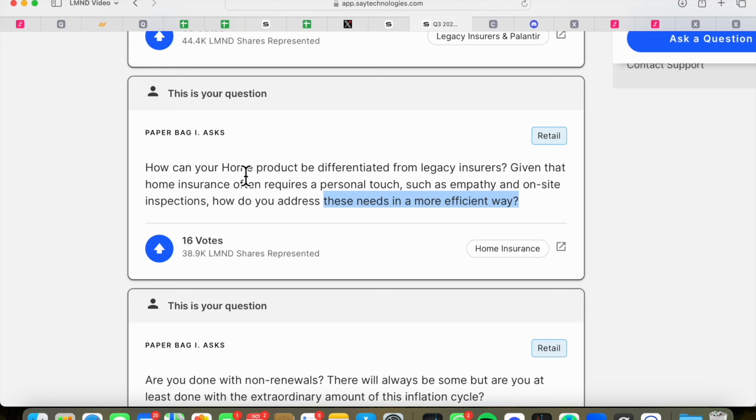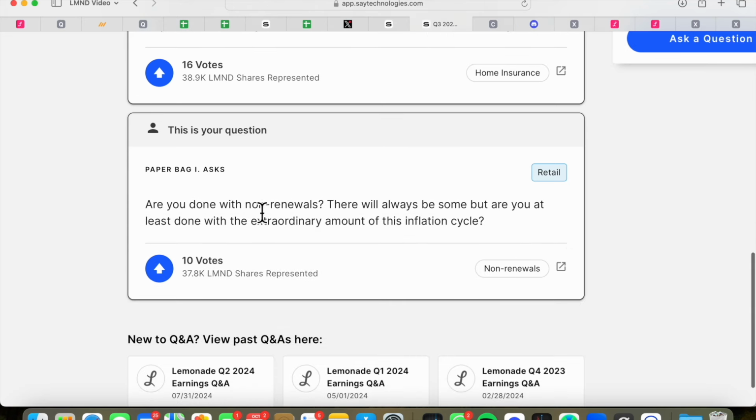If it improves their insurance rates, that could really differentiate a car product. Home, I don't know as much how they would. It'd be interesting to hear, though, given some of the problems with home, how it's not a very profitable product line. And then, are you done with non-renewals? There will always be some, but are you at least done with the extraordinary amount of this inflation cycle? Just to get some clarity on that would be helpful.